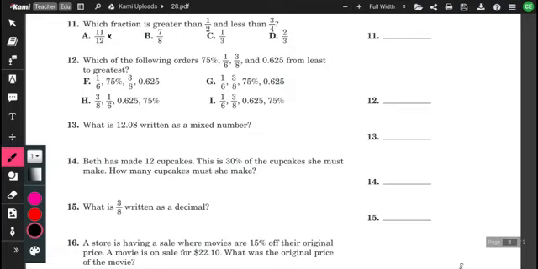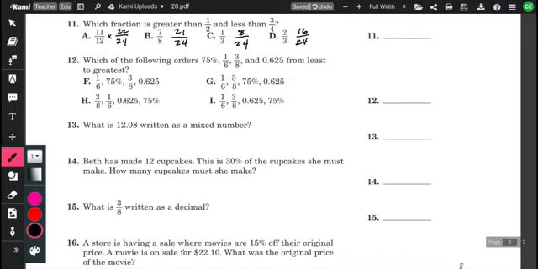So 11 over 12 becomes 22 over 24. I multiply 1/3 by 8, which is 8 over 24. And then 2/3 is going to be 16 over 24.